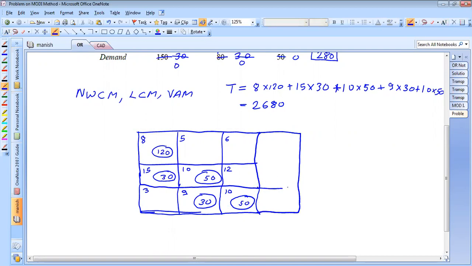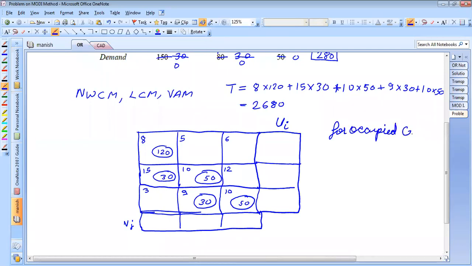Good. If there's no doubt, then let us proceed to Ui and next is Vj, isn't it? For occupied cells, Cij is equal to Ui plus Vj.